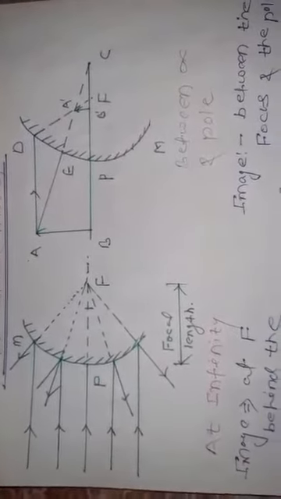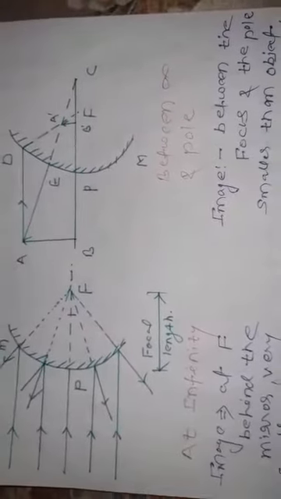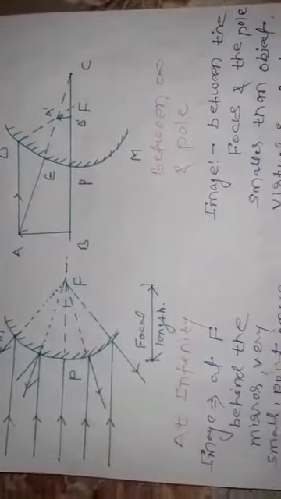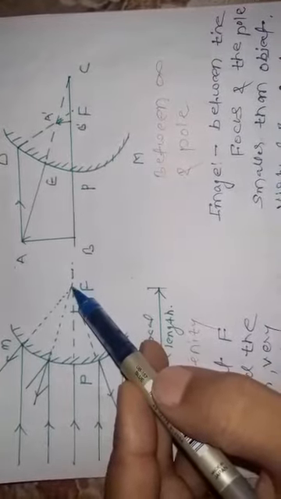Next one is for the convex mirror. Here we have only two conditions. First one, if my object is at infinity, and next one, in between infinity and the pole. If the object is at infinity, all the rays are incident parallel to the principal axis. Here we have our principal focus.